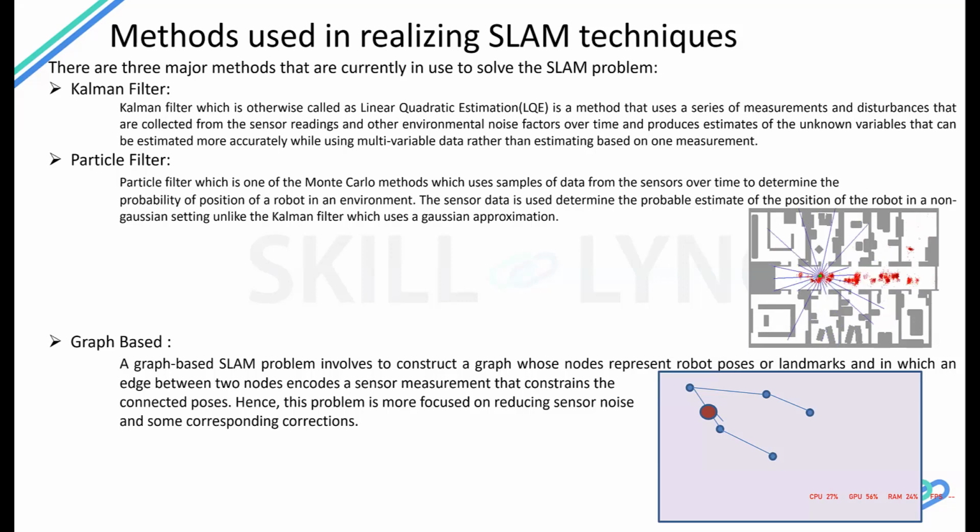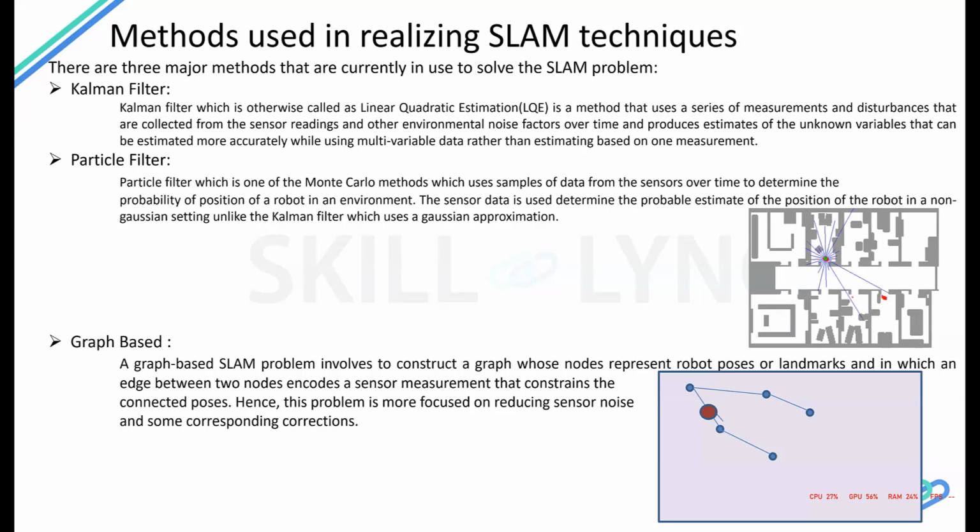What do we need to do? If you have a background in control systems, you would understand that any given system or any given object in any environment can be perceived as a mathematical model.